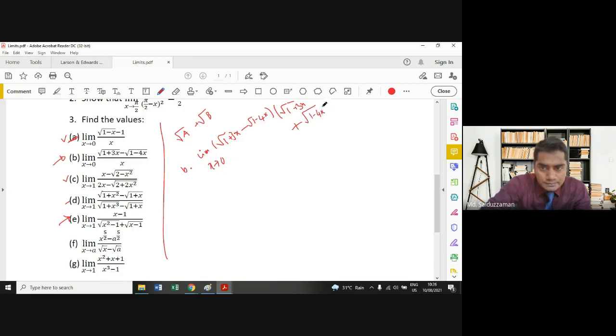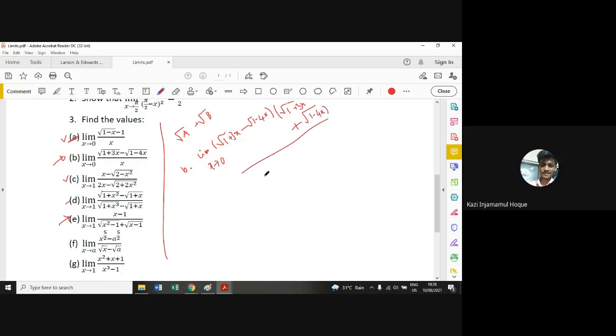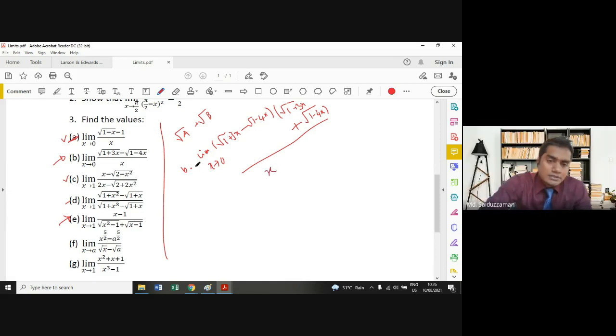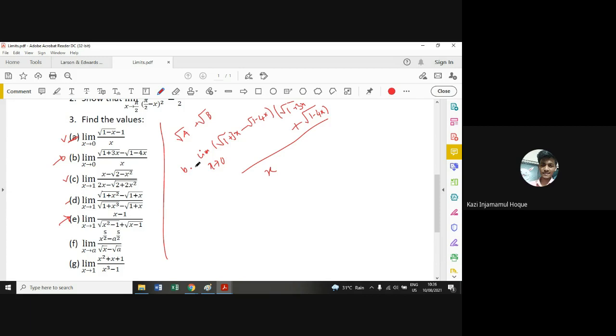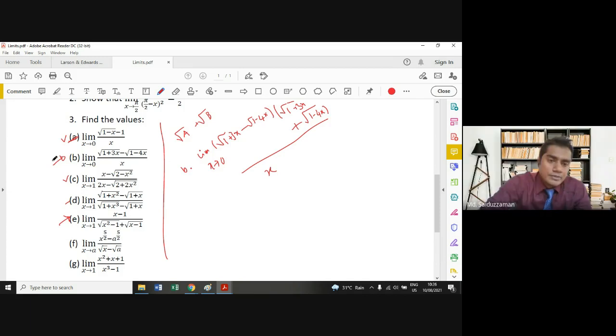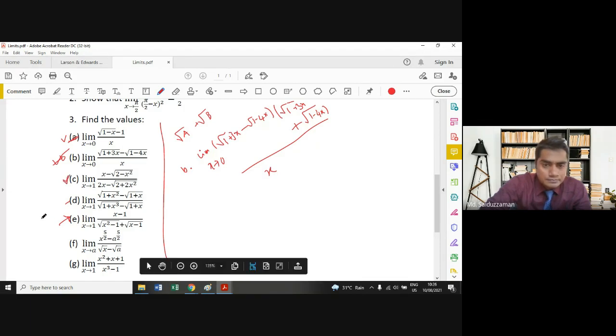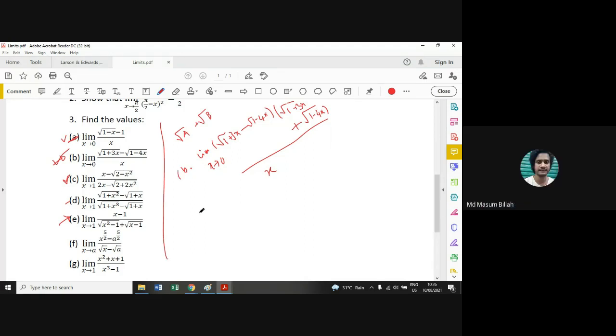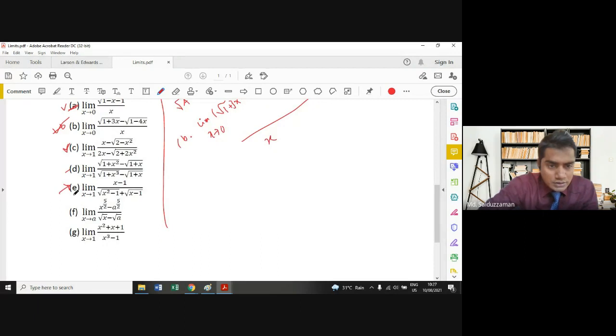Got the point now? We have to multiply by the opposite one. Right, the opposite one. So number B is possible. Number C is possible. Response, please. So number E is possible.